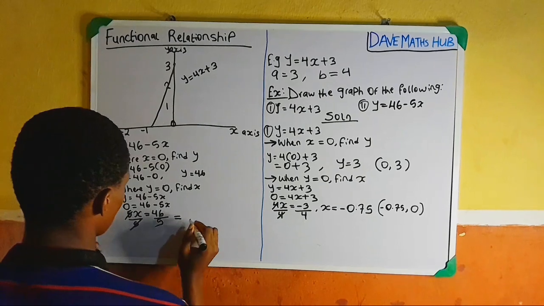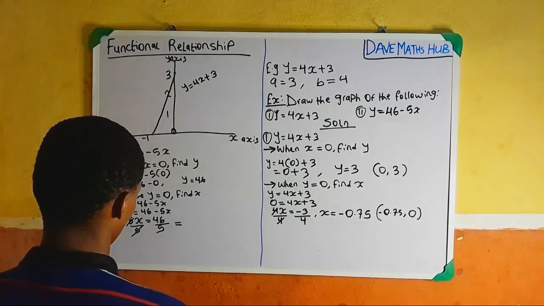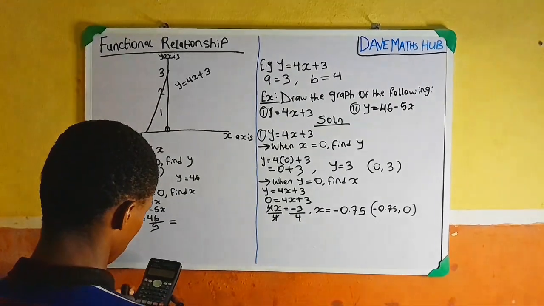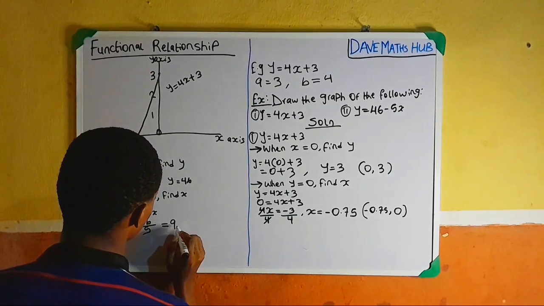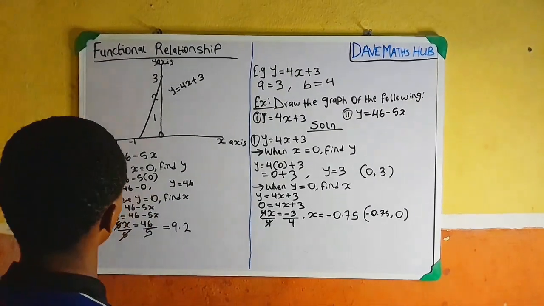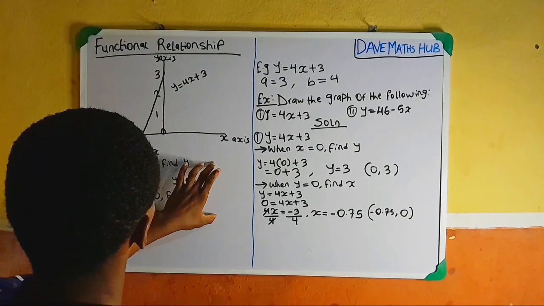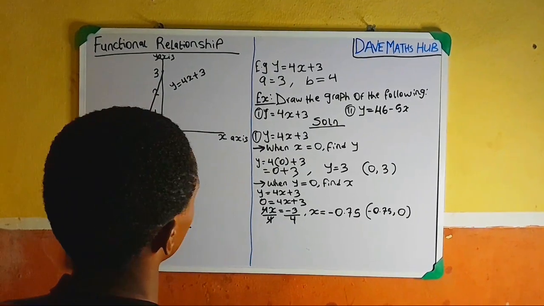So x equals 46 divided by 5, giving us 9.2.